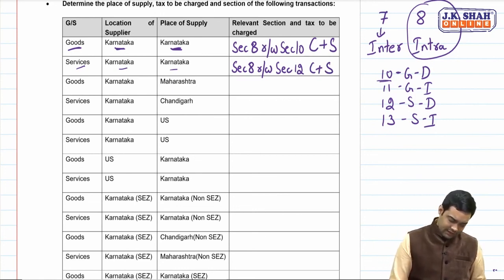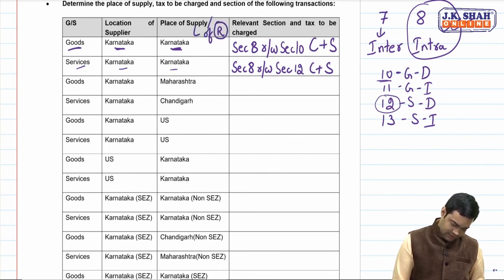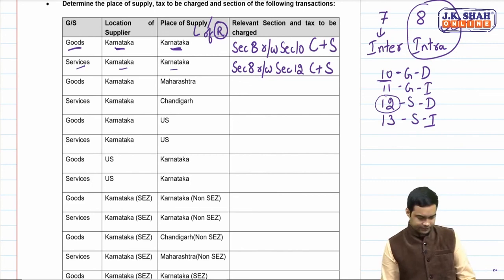Why is it section 8? Because it is an intrastate supply. Why have we taken section 12? Because it is a services domestic transaction. We are assuming that the place of supply and location of recipient is the same in these cases.